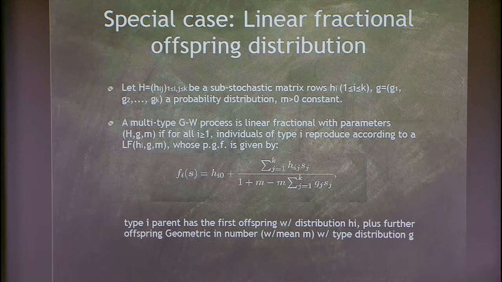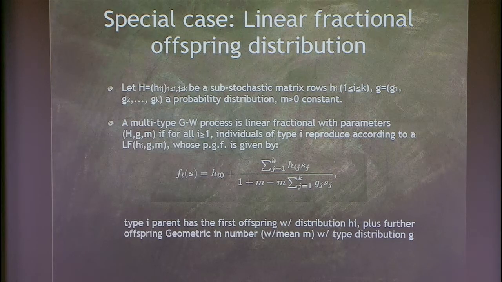And then the rest are not parent type dependent. So there's a lot of memorylessness built into this offspring distribution, but it's not completely useless, as you'll see. It still retains some multitype features.